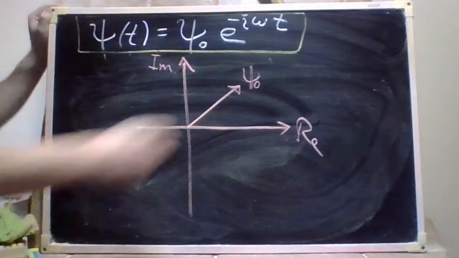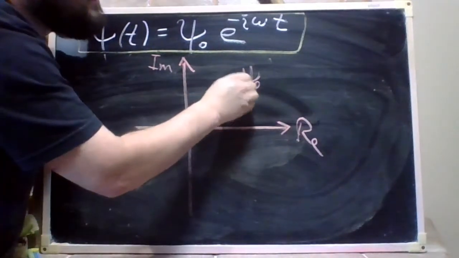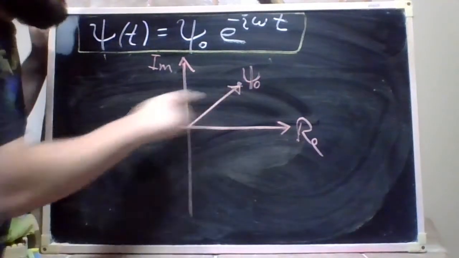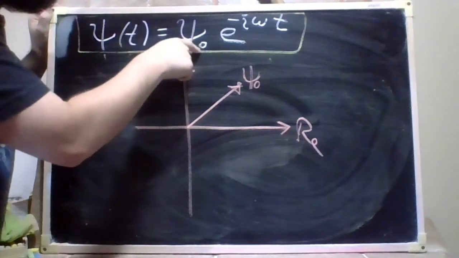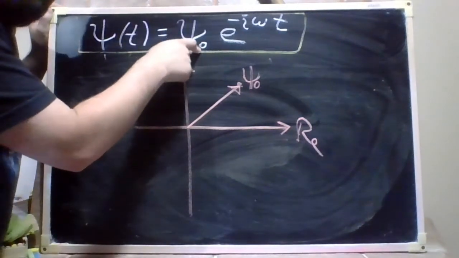The initial time will produce just this number, psi 0.